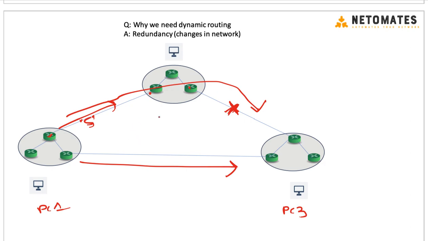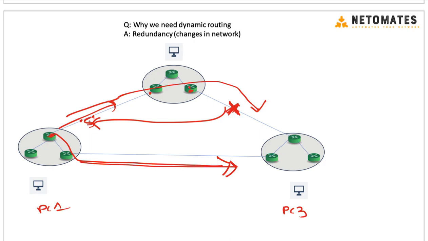But in dynamic routing, if this network goes down, this router will advertise to all other routers in the network that this route is not available anymore. So this down event will be updated to this router, so that router automatically uses this route to reach PC3.